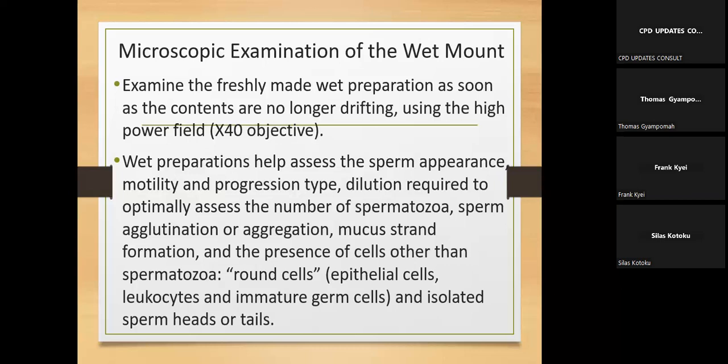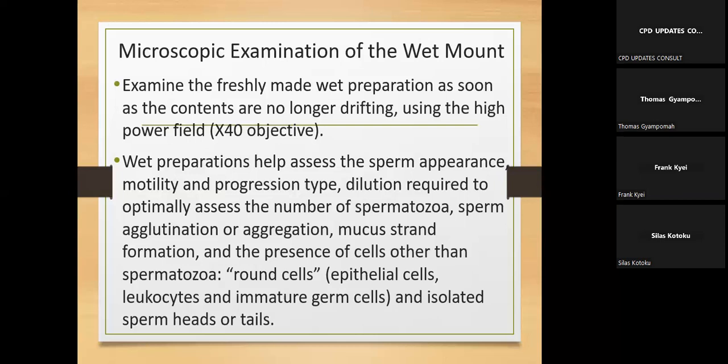If there's mucus, it means that the sample is not even properly liquefied. And so your wet mount can also give you that information. In the presence of cells other than spermatozoa, which you call round cells, you will also see them. All that I'm saying is that the wet mount that you do gives you a whole lot of information.